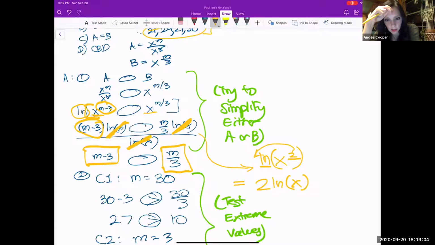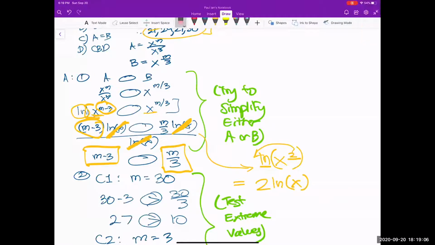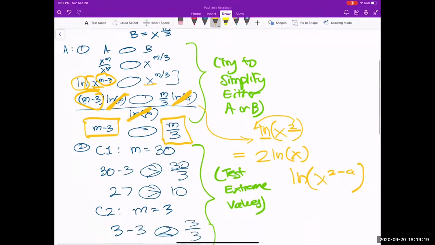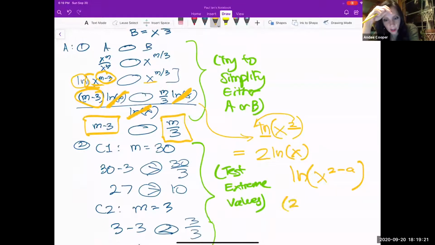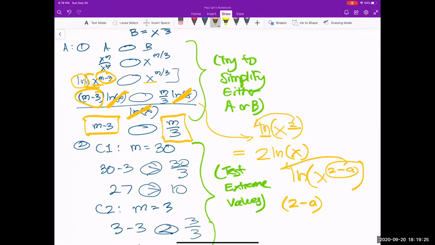So in this case, we have a bunch of exponents, a division, a subtraction. Now let's make that harder. What if you had x squared minus a, and you applied ln to it? Yeah, any exponent comes out and just gets multiplied.